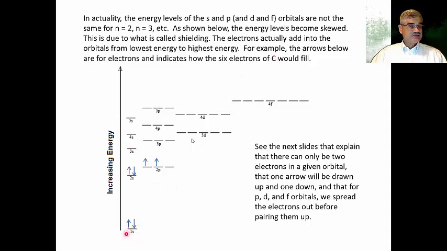In the next set of lectures, we will explain all this, but we have 2 electrons in the 1s orbital, and I have them represented by these arrows, one arrow pointing up, one arrow pointing down. We'll explain why. Then we put the next electrons in the 2s, one pointing up, one going down. And notice that the 2p orbitals are not at the same energy level. They're slightly higher than the 2s orbital.